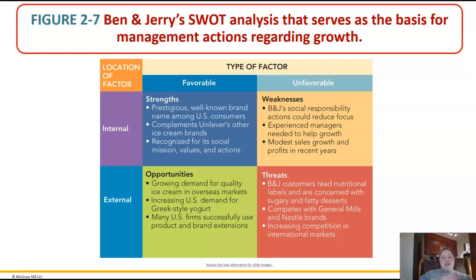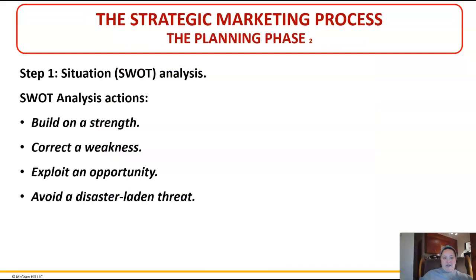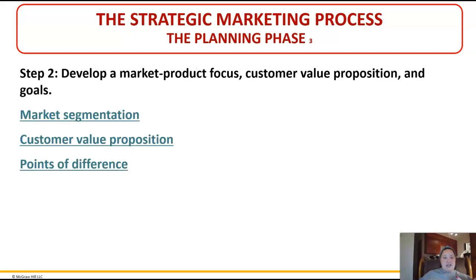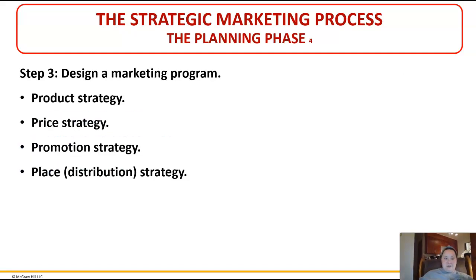So you'll see that strengths and weaknesses are specific to the company, so they're internal to the company. Opportunities and threats, we're looking externally at our external environment. So you can read this for yourself about what actions come from a SWOT analysis, and then in the strategic marketing process, you then have these next steps.